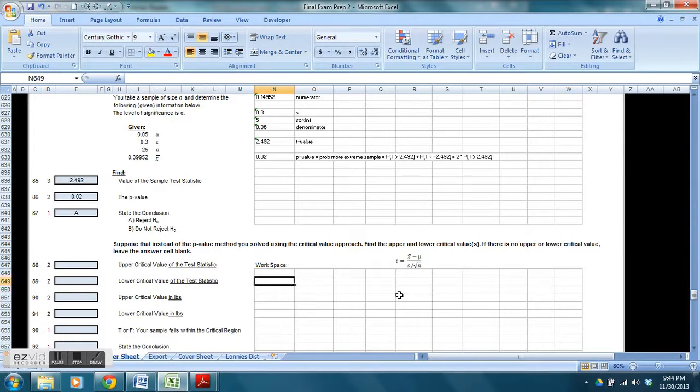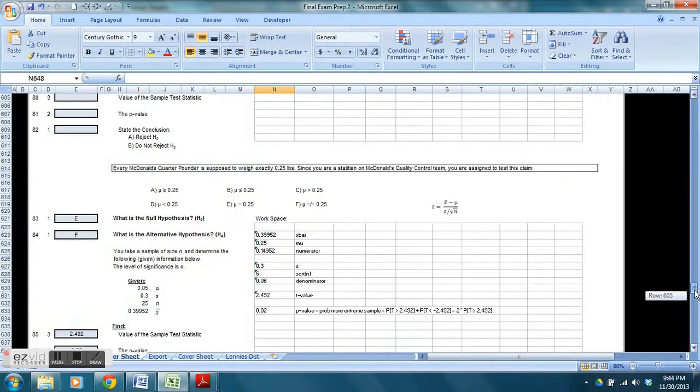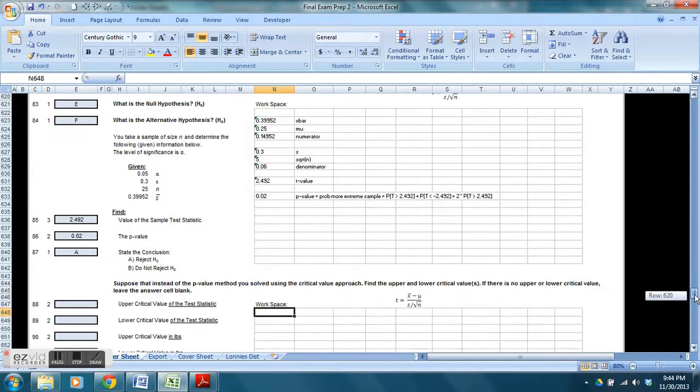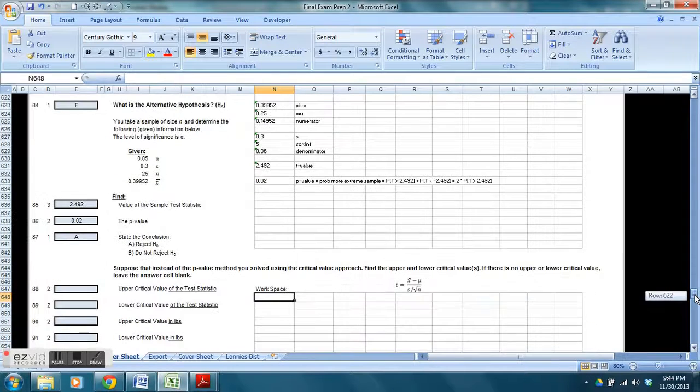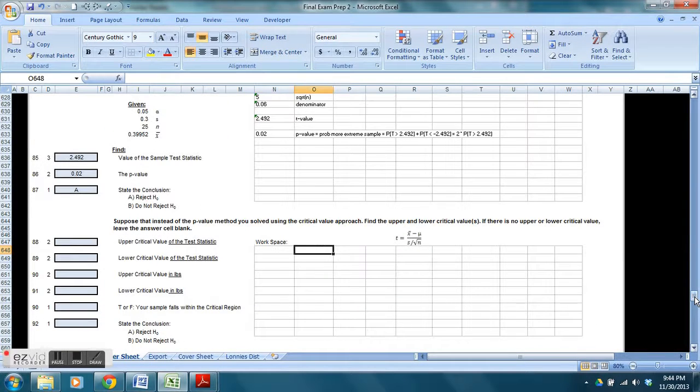Anyway, it's two-tailed for us, so in order to find our upper critical value, we don't even have to look at the sample data at all. What we do look at is what our alpha is. Our alpha, or our level of significance, is 0.05, and this is a two-tail test.